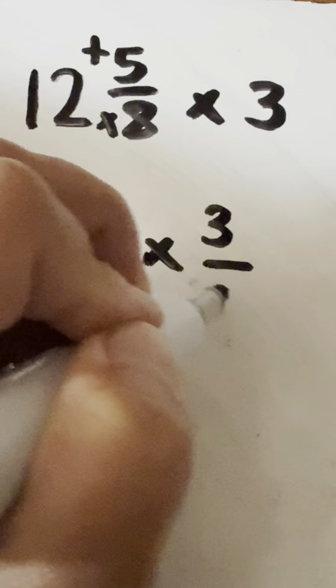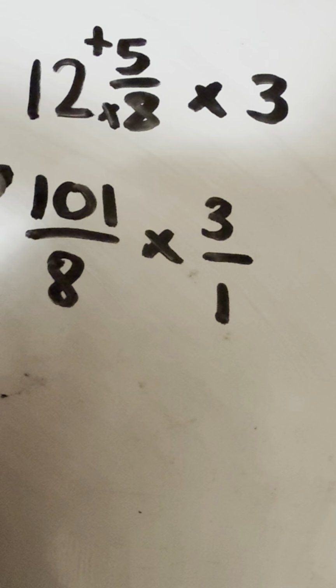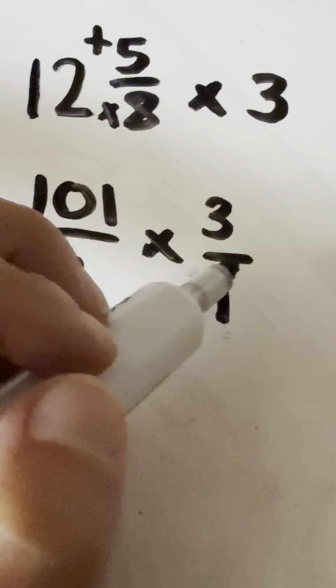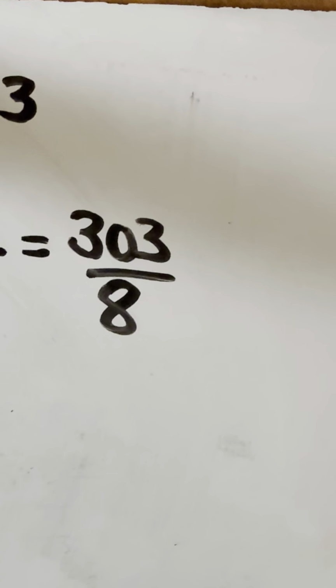Now this is going to be times 3. You can put it over 1, keep it consistent, so you have a fraction times a fraction. And then you can multiply across. This should be pretty easy to do. 101 times 3 is going to be 303 over 8 times 1, which is 8. Unfortunately, there was nothing we could do with that as far as making it easier.